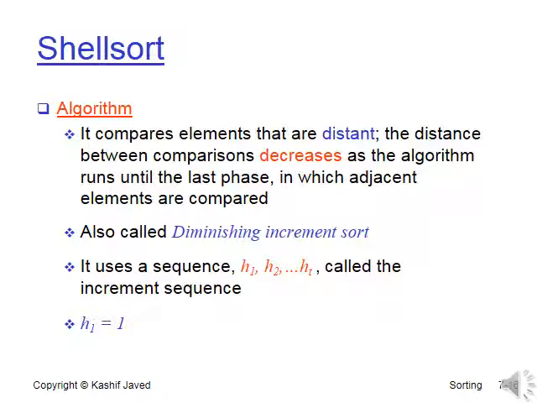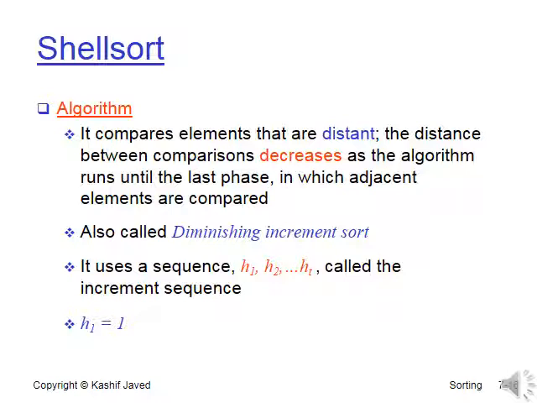The sequence h1, h2, up to ht is called the increment sequence. This is a sequence of increasing integer values which will be used from right to left as increment or gap values. Any increment or gap sequence is fine as long as h1 equals 1.